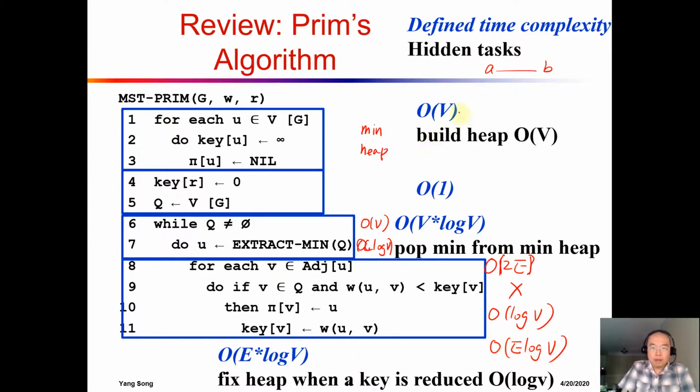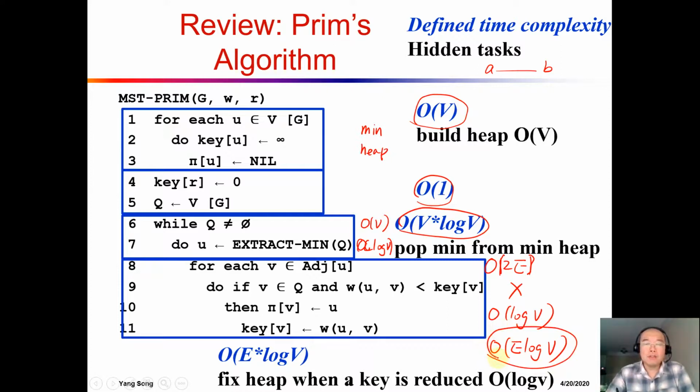Okay, so we have O(V) here, a constant time here, a V log V here, and then an O(E log V) here. If we add all of them together, assuming that E, the number of edges, is at least equal to or higher than the number of vertices, we will have V log V and E log V, and then constant time, or V. We pick the most significant part, and we keep this one.